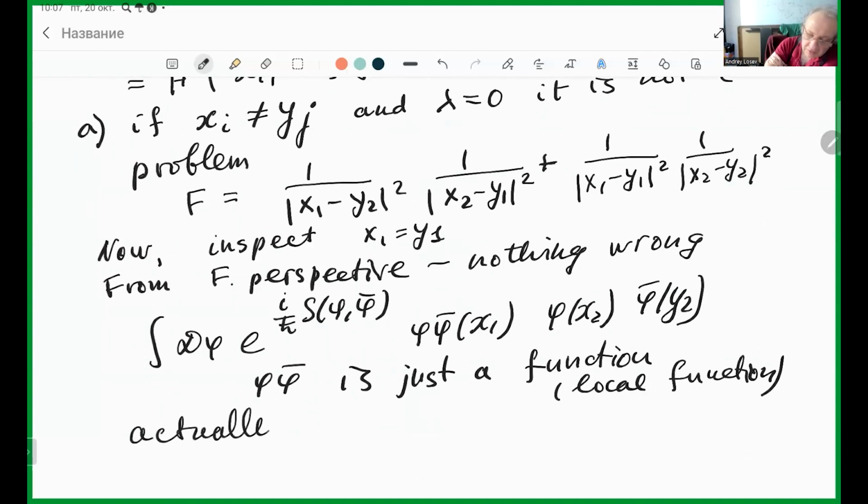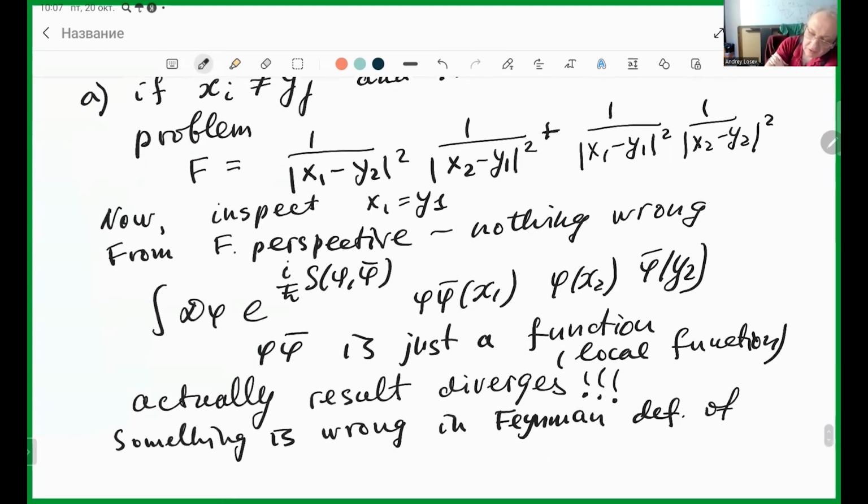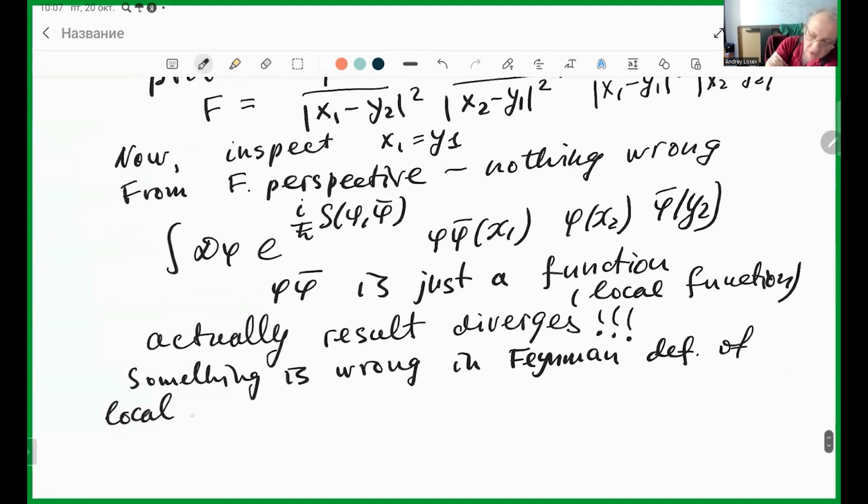Actually, the result diverges. So something is wrong in the Feynman definition of local observables.